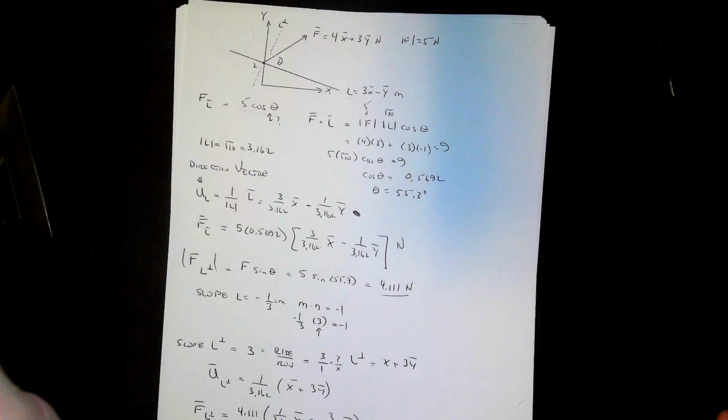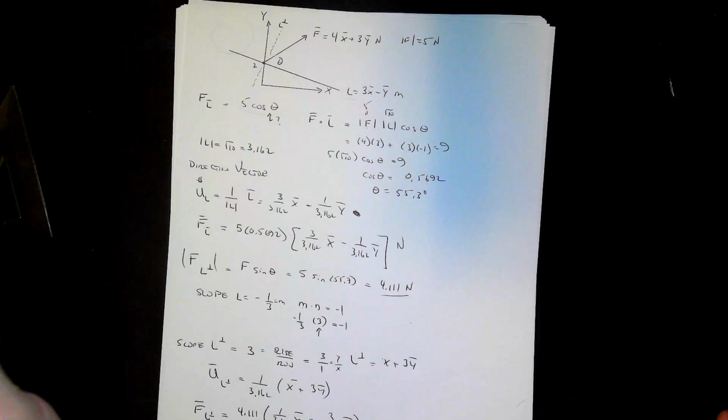All right, so let's see what we have here. Here I said, what is the force F along L? Well, we got the magnitude. What if I wanted to express that as a vector? How would I go about doing that? Well, then I'd need a unit vector.